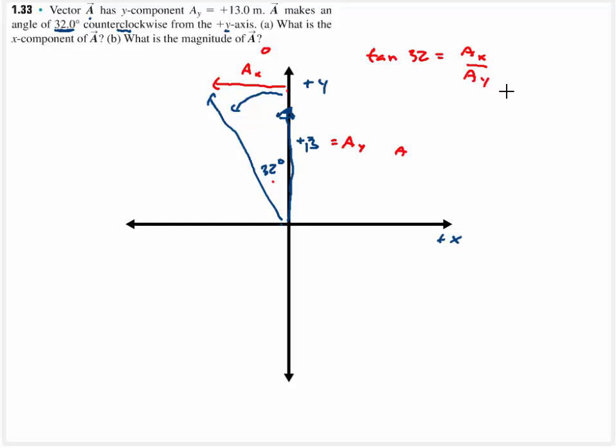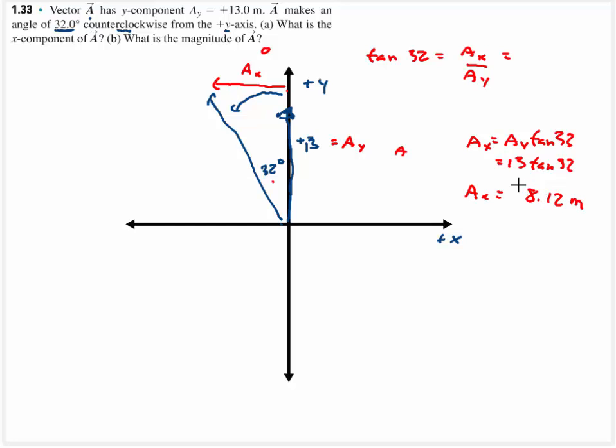And I know what Ay is. I'm looking for Ax, so Ax is going to be equal to Ay tangent of 32. So 13 tan 32. Go ahead and type all that into your calculator, and Ax is going to be equal to 8.12 meters.